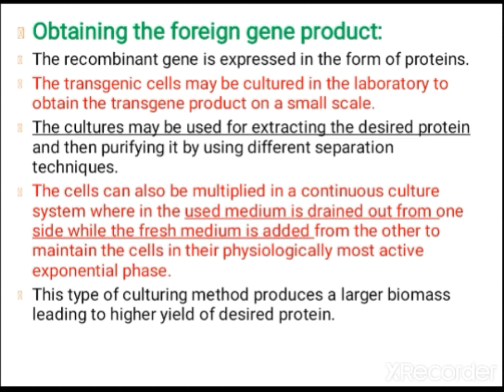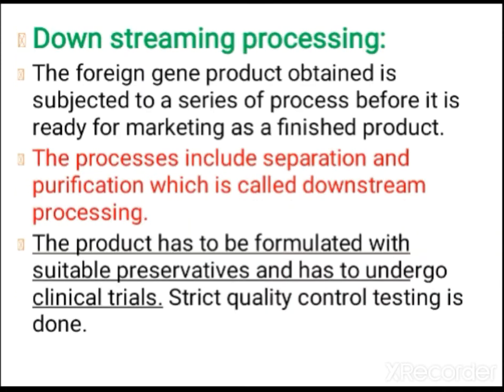This type of culturing method increases the large amount of production of that bacteria or GMO, whatever we grow inside; the yield will be more. That's why we have to provide fresh medium at frequent intervals. Next is downstream processing. Once the foreign product is obtained, later it has to be marketed.